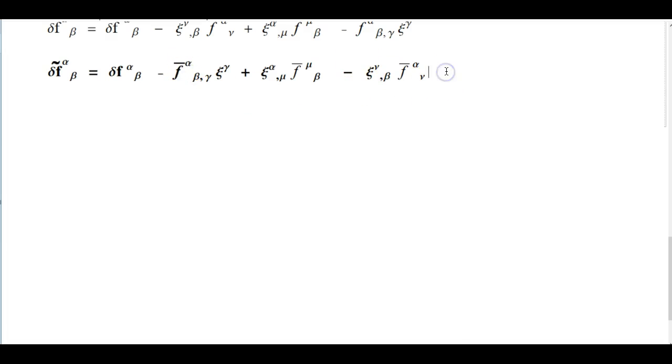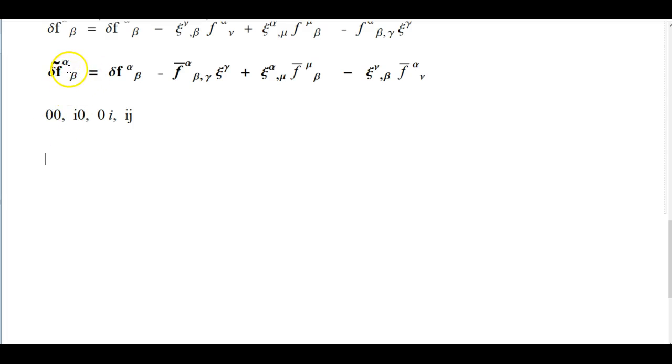Now in this video we are going to look at different components of this transformation, meaning we are going to look at the 0,0 component, the I0 component, the 0I component, and the IJ component.